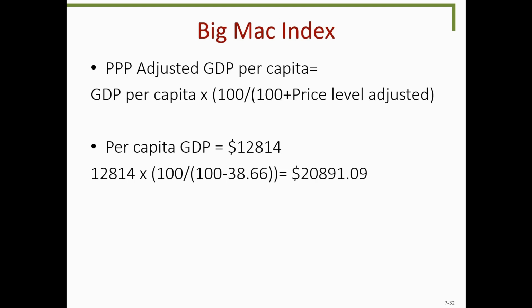We take that number, put it at the very beginning, and multiply it by 100 divided by 100 minus the 38.66%, which is how much the economy is undervalued. That comes out to $20,891.09, and that is the real GDP per capita in terms of US dollars for China.